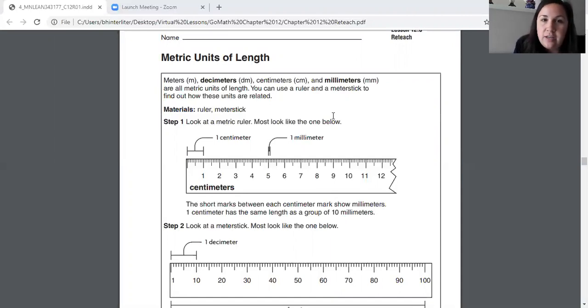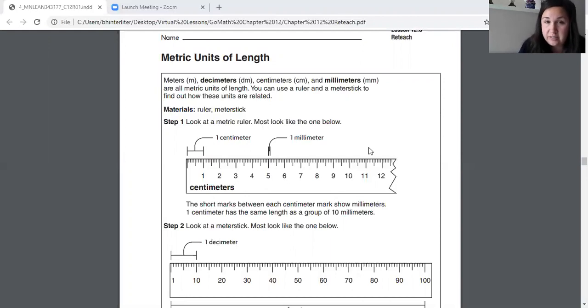Step 1 says, look at this metric ruler. Most look like the one below. So you see here where it shows you 1 centimeter from the very first line to the one that shows you 1 centimeter. And if you look here, the one line to the next, that little tiny space is a millimeter.